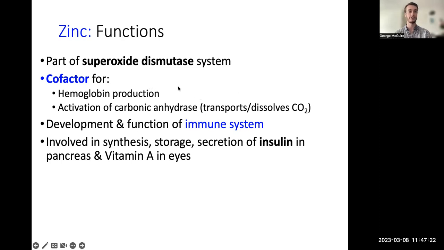It's going to carry oxygen, and it activates the enzyme carbonic anhydrase, which is going to allow us to dissolve and transport carbon dioxide.